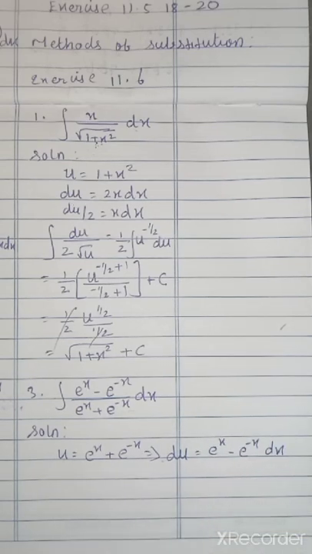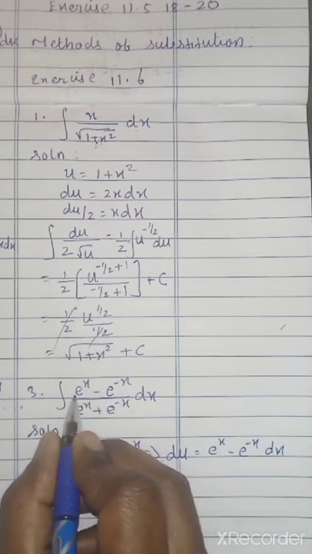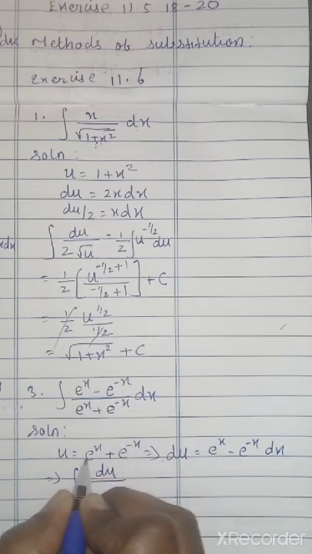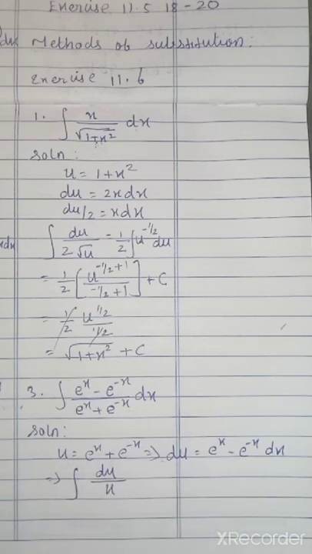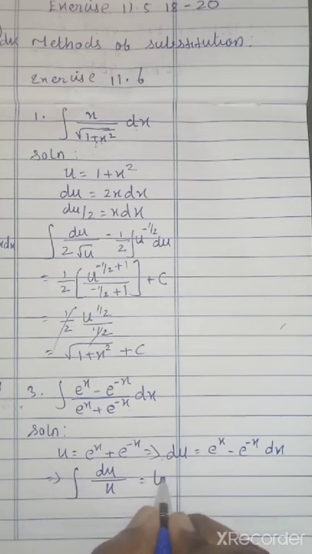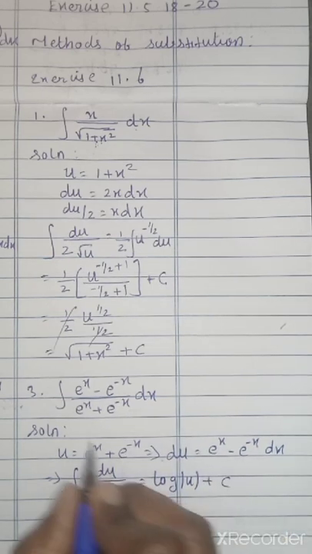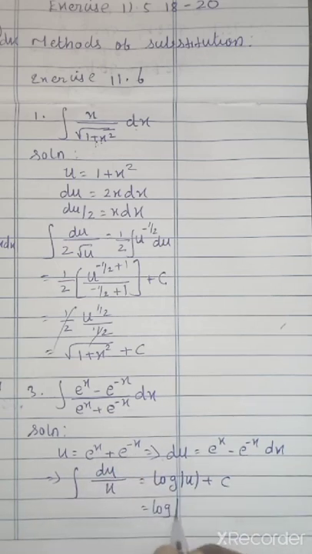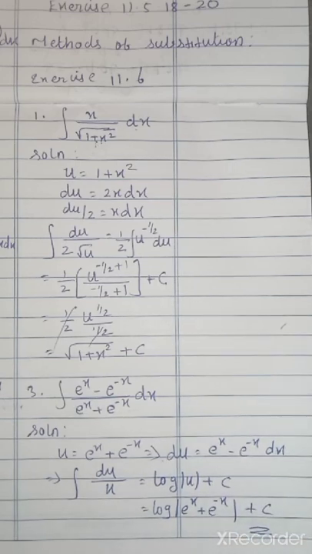Correct? So now instead of this question we can write integral du by u, that is log u plus c. What is your u value? E power x plus e power minus x. So log of e power x plus e power minus x plus c is the final answer.